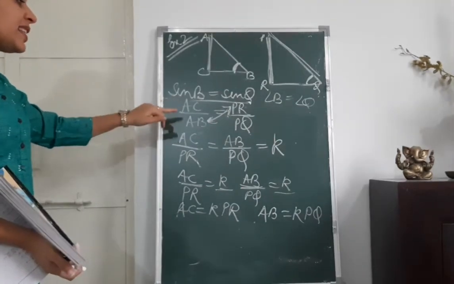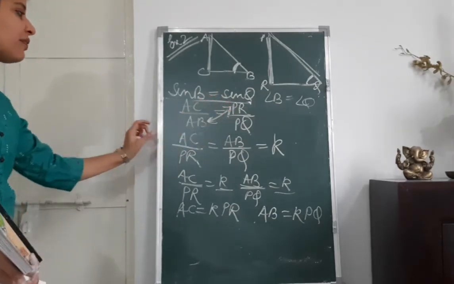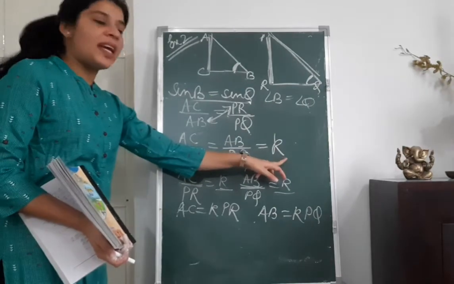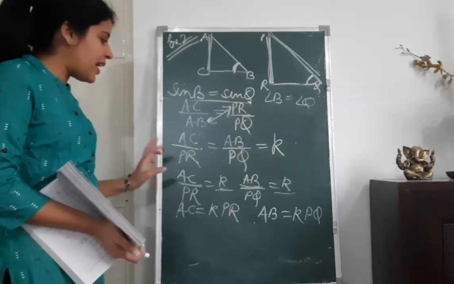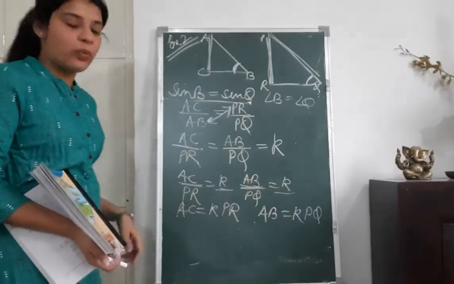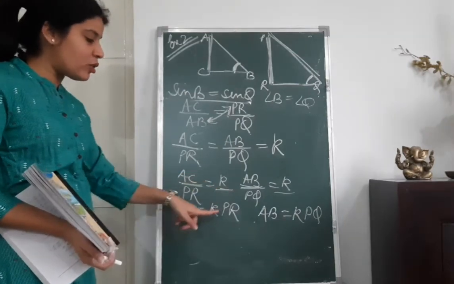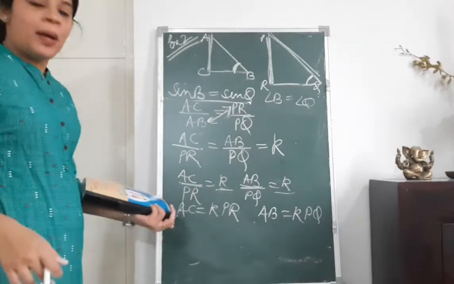See, this is AC upon AB, PR upon PQ. We have interchanged both of them and we have got AC upon PR is equal to AB upon PQ, which I have taken equal to some random number K. Now AC upon PR is also going to be equal to K and AB upon PQ is also going to be equal to K. So, using this I can say AC is equal to K times PR and AB is equal to K times PQ, right?